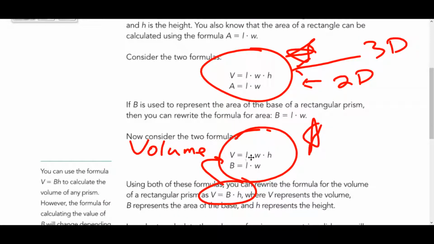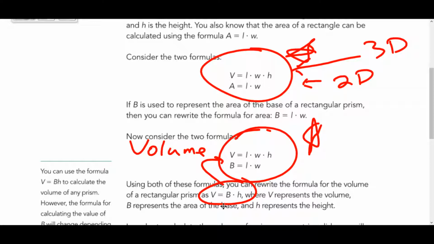This volume formula is compared to the formula for finding the area of a base, because you could write volume equals length times width times height, or you could write volume equals base, capital B, times H, where this just represents the area of the base.